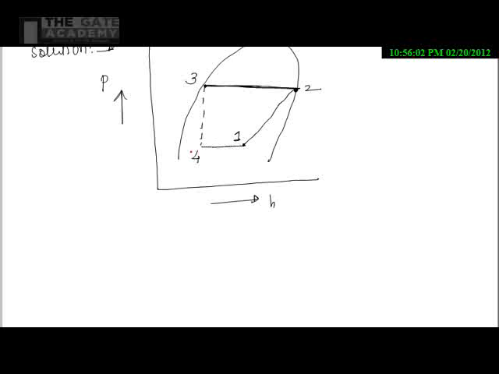Now if you see, state 2 is saturated vapor, state 3 is saturated liquid. But the 1 to 2 process is an isentropic process. For this process, what can we write?